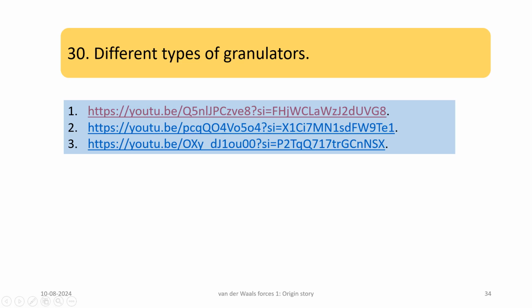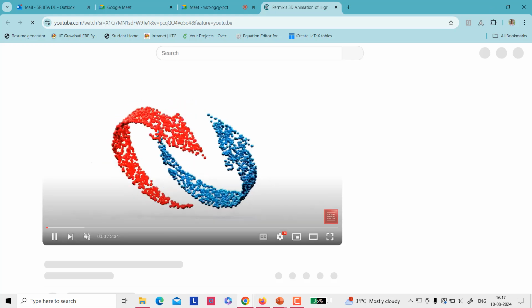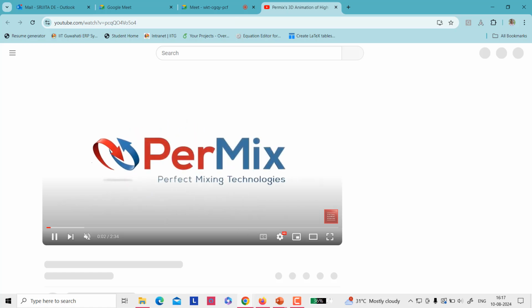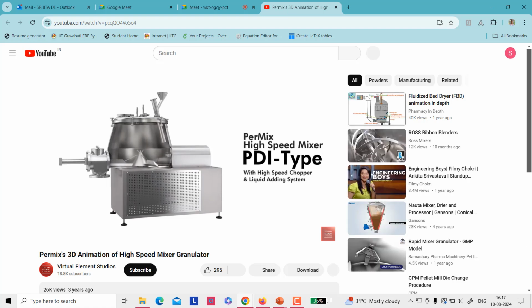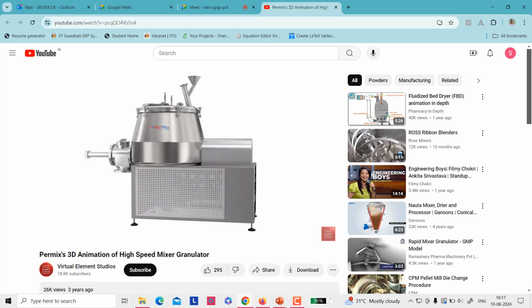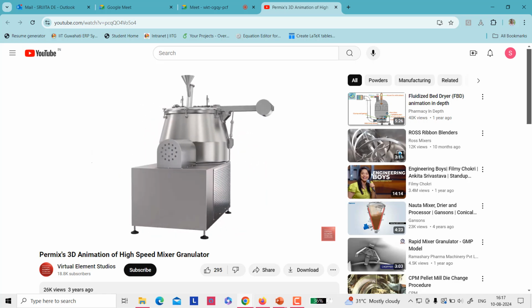Next is the mixer granulator. So by mixing also we can create the granules.